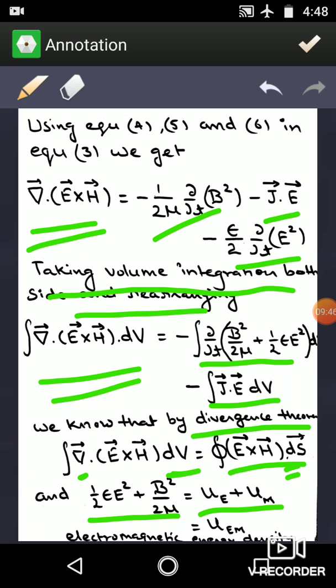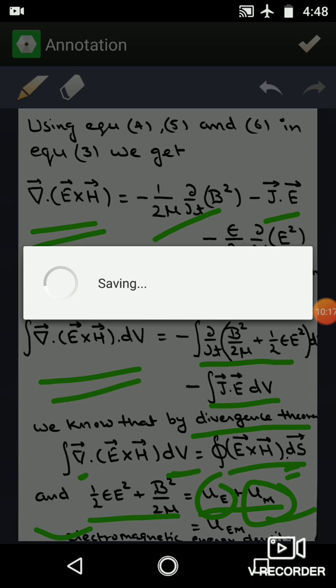These are replaced by u EM, that is the energy density in the electromagnetic field. If we replace these quantities, the above equation will convert into, let us move on to the next page.